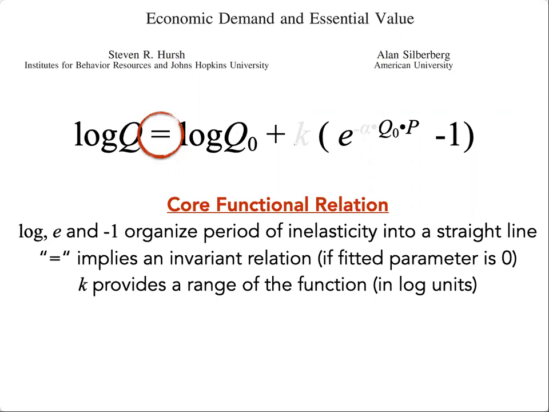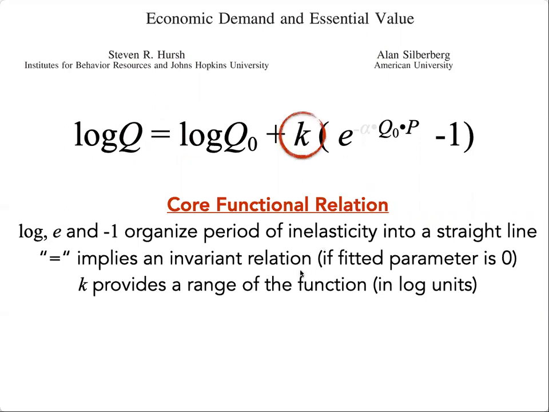So if we know that there is no price, so if we look at that P term over here, if we cancel out all of this stuff to the right of that plus sign, because there's no price, then consumption should equal intensity. They should be invariant. Those should be equal. And so this then tells us that. So that has to set that core functional relation.